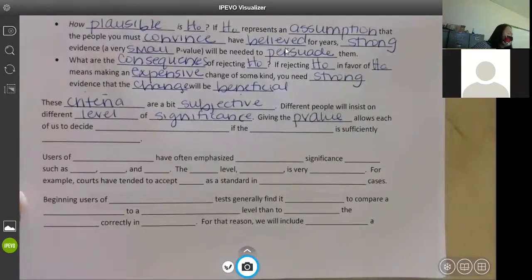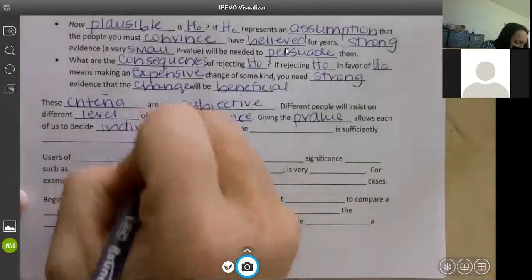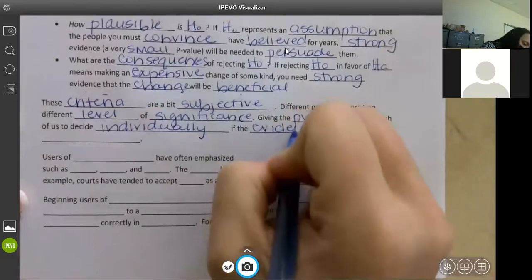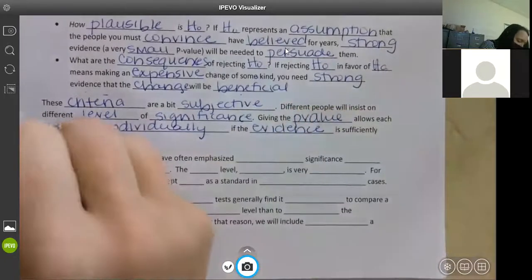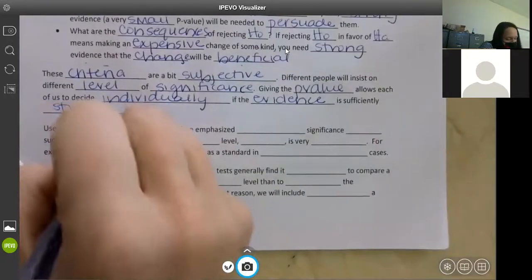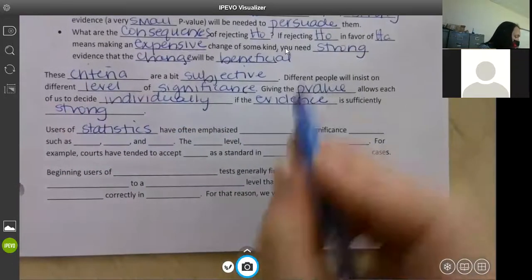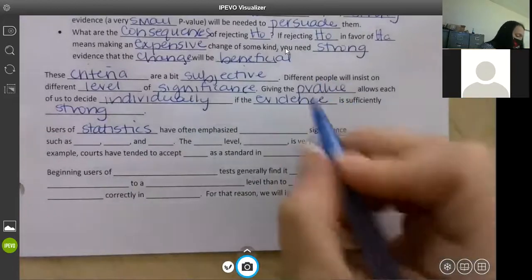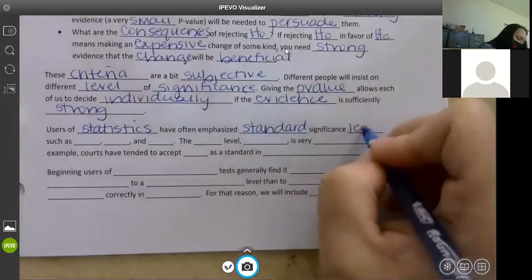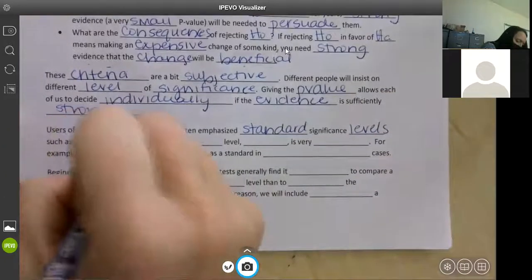Giving the p-value allows each of us to decide individually if the evidence is sufficiently strong. Users of statistics have often emphasized standard significance levels, such as 10%, 5%, and 1%.